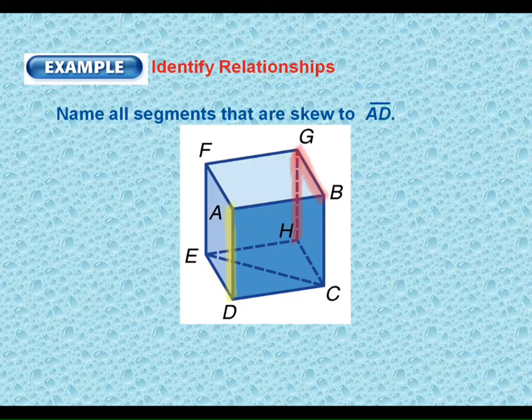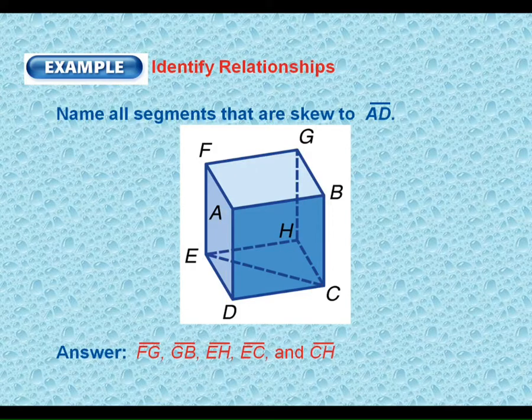That's one. There's one. There's one. Those are all skew to that line because they don't intersect and they're not in the same plane. Versus parallel, which is in the same plane. Those would all be line segments that are skew to that one.